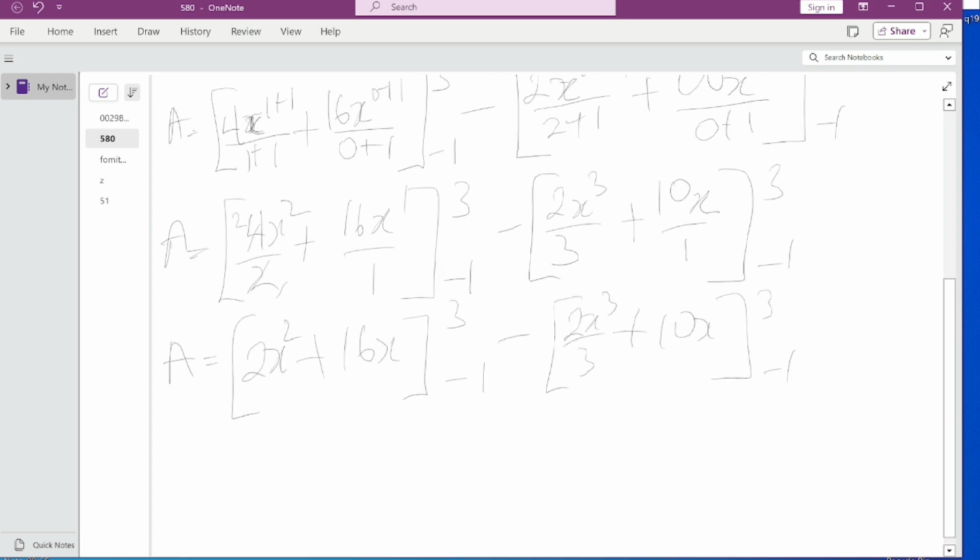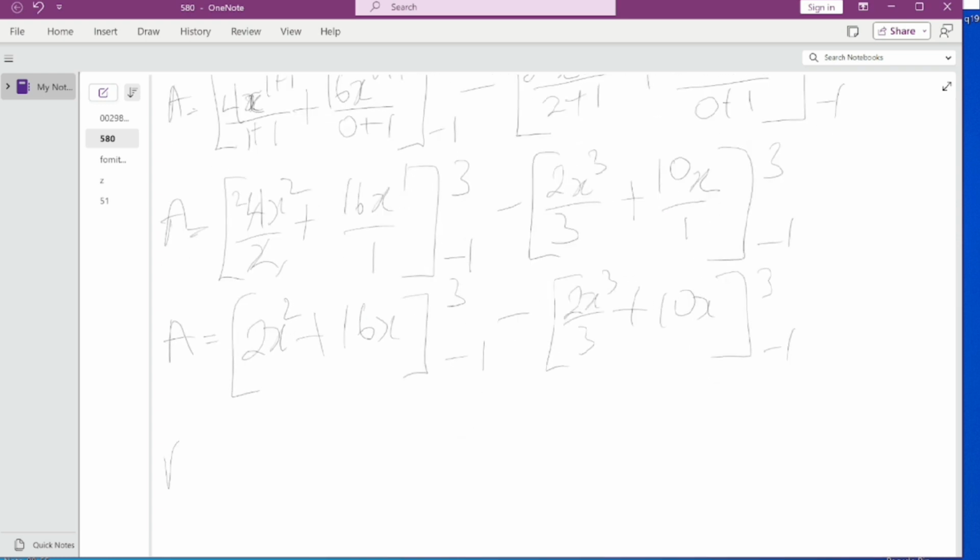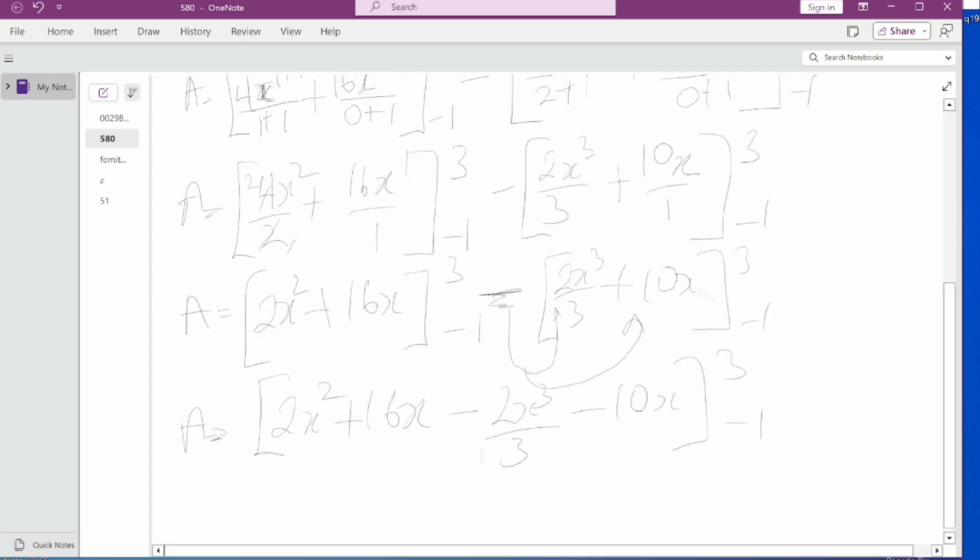Then since they share the same limits, we can join them together. A equals, it's allowed in math, 2x squared plus 16x. Then this minus will change the sign of this and also this because it's in bracket when you open, as minus 2x cubed over 3 minus 10x. We close our bracket. They both share the same limits.